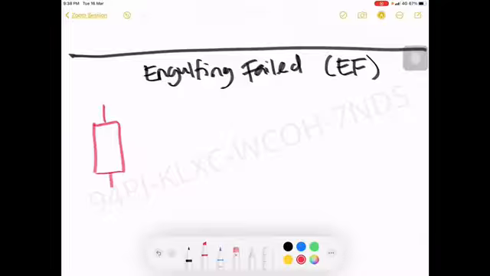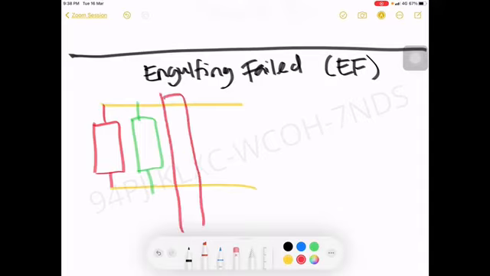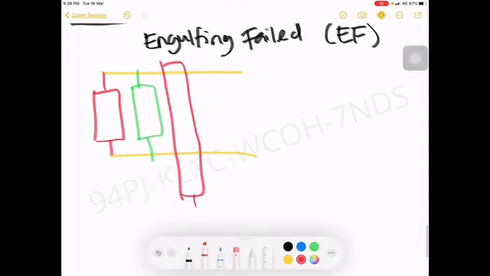Okay, but what happened is that when the price comes back to that zone, that's what happened. So this is engulfing fill.